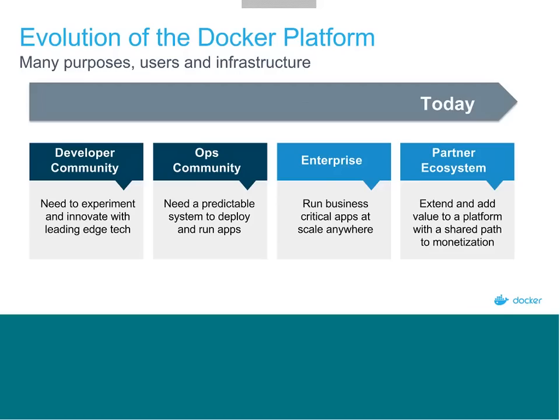Increasingly, Docker is also used by enterprises to run business-critical apps in big enterprise companies. And Docker is also growing a huge partner ecosystem that plugs into the Docker platform, both with software that runs on top of the platform, and with partners that provide infrastructure that Docker runs on.